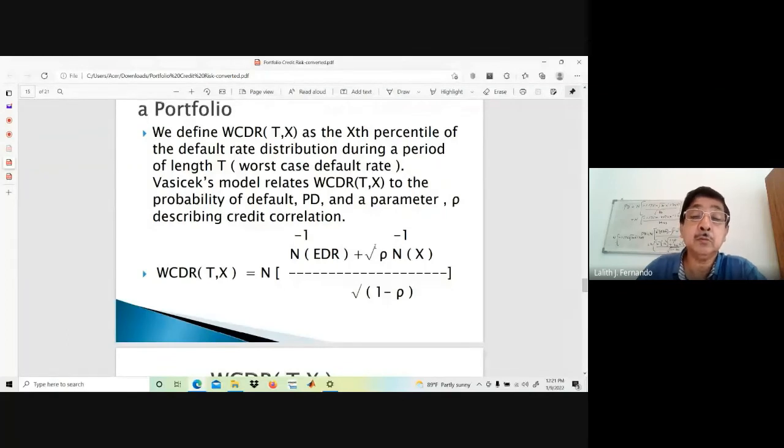Right. Now, today we can just understand how the Vasicek model can be used in getting the worst case default rate of a portfolio.